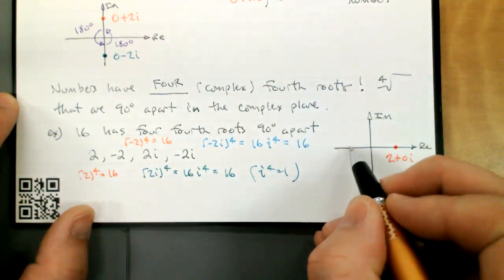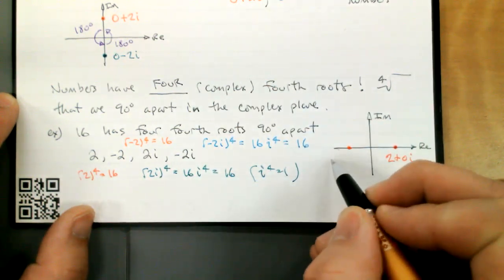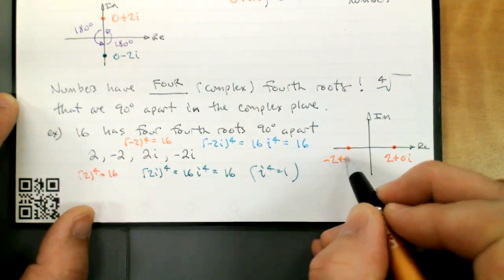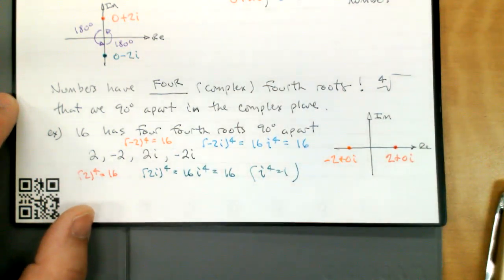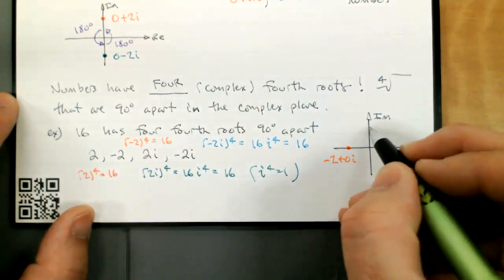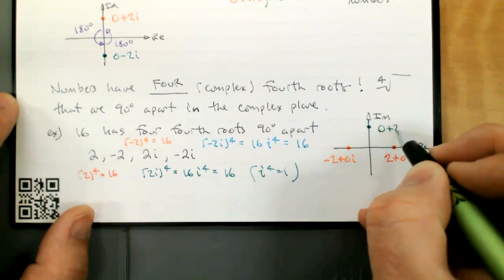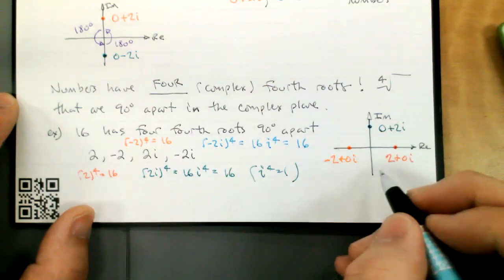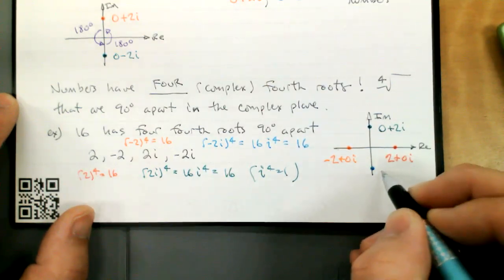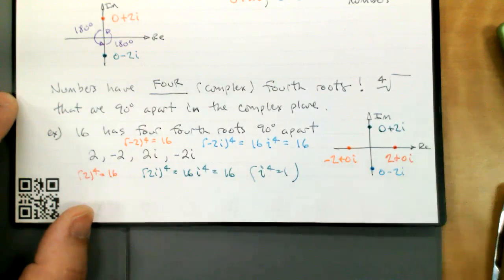Then down here we'll have negative 2, which is negative 2 plus 0i. Then I'll have positive 2i, that will be 0 plus 2i. And we'll have a negative 2i, 0 minus 2i.